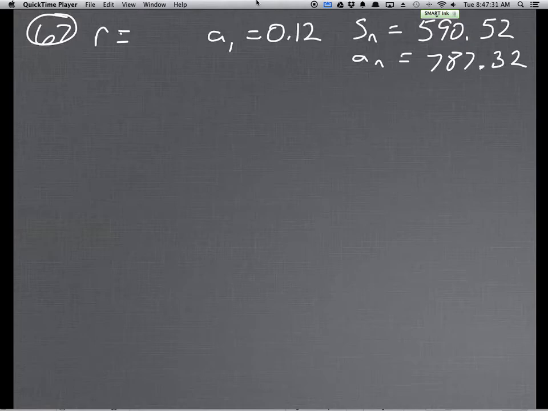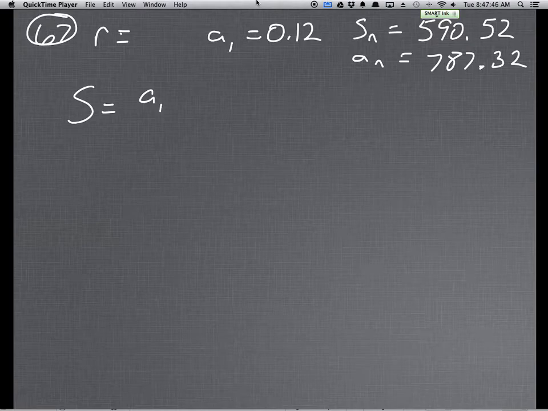Which one of my formulas do I want to use? The second sum formula. Why? Because I have a sub n, good. So S equals a sub 1 minus a sub n times r over 1 minus r.